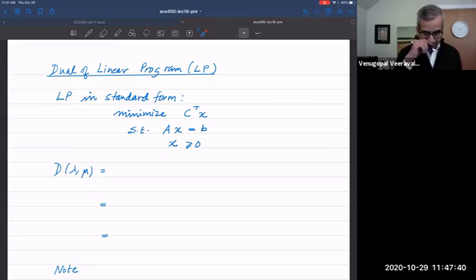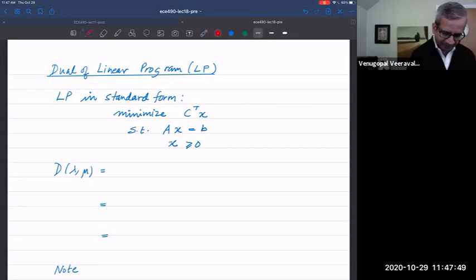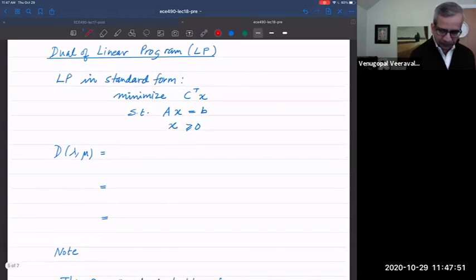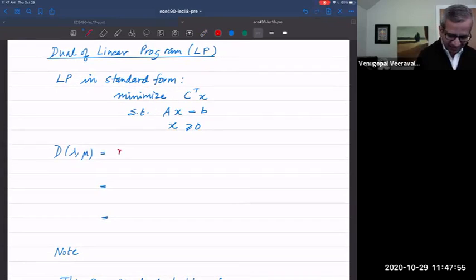Okay. So let's take this LP in standard form and look at its dual. Let's find its dual first. The dual function is given by the minimum over x belonging to R^n. You don't have to worry about domains because for linear functions the domains are all R^n.